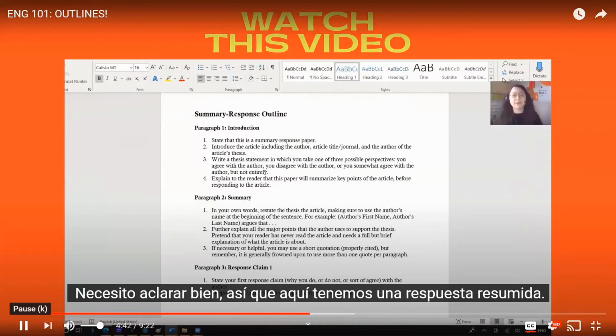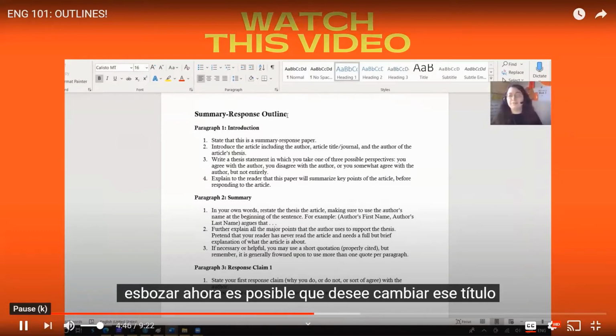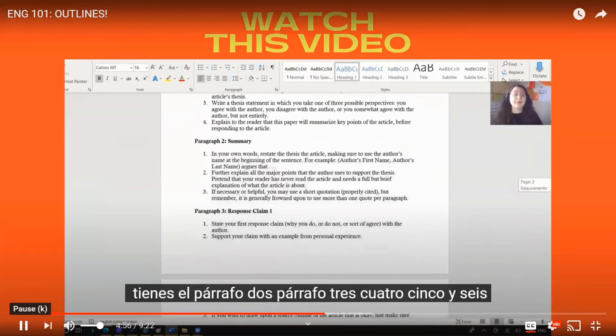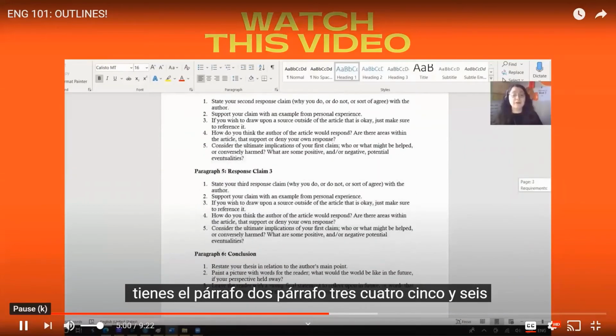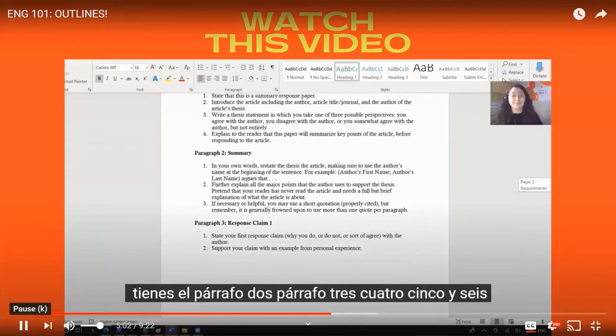Okay. So here we have the summary response outline. Now you might want to change that title to say this is an outline, but it's for paper 1. Note for paper 1 you have paragraph 1, paragraph 2, paragraph 3, 4, 5, and 6.